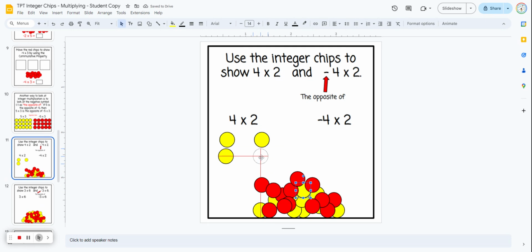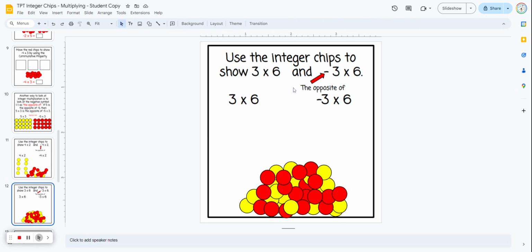They're using all the yellow chips here. Let's move this up. 4 groups of 2. Now the opposite of 4 groups of 2 is going to be the same thing, but all red chips.